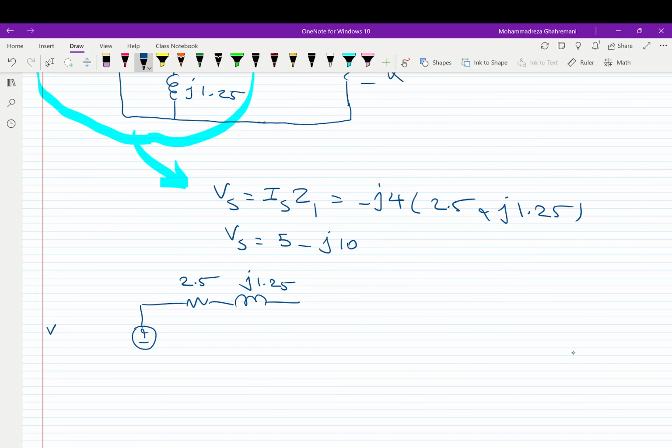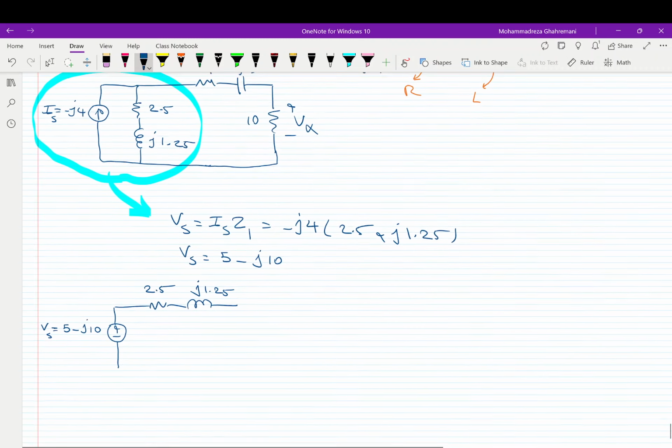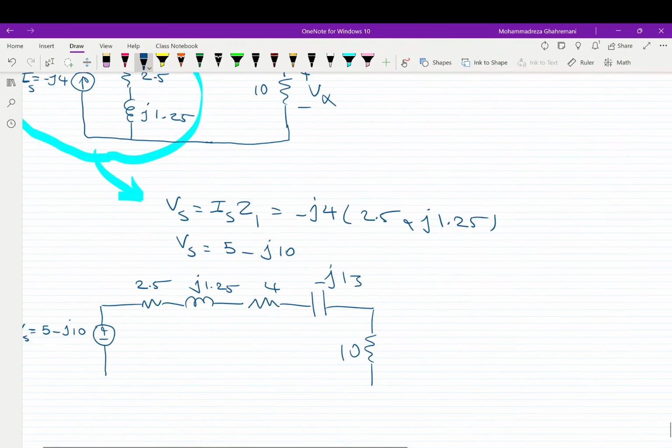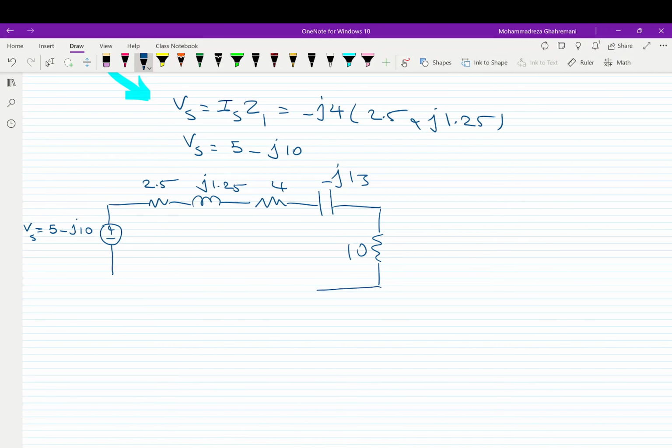The value of the voltage source is 5 minus j10 as we calculated here. And the rest of the circuit is the same. We have a 4 ohm resistor, negative j13 ohm capacitor, and 10 ohm resistor. And we want to find Vx.